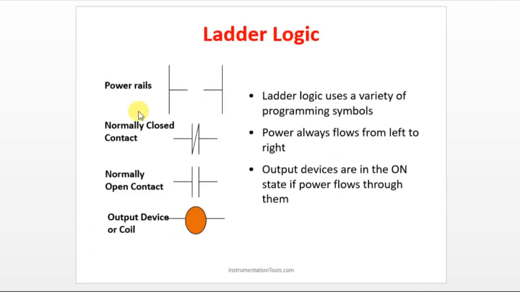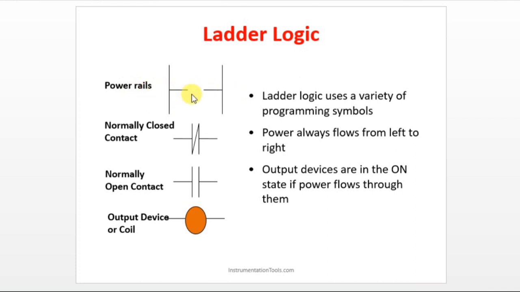The name itself is telling a ladder. It will have 2 rails which are called power rails. One is positive, another one is negative. So this is positive and this is negative. These are the power rails where the power always flows from left to right, from this side to this side.